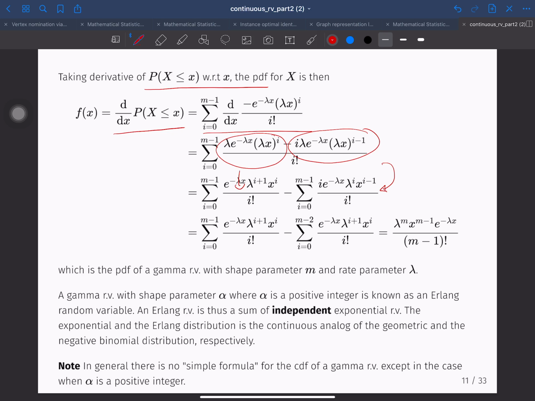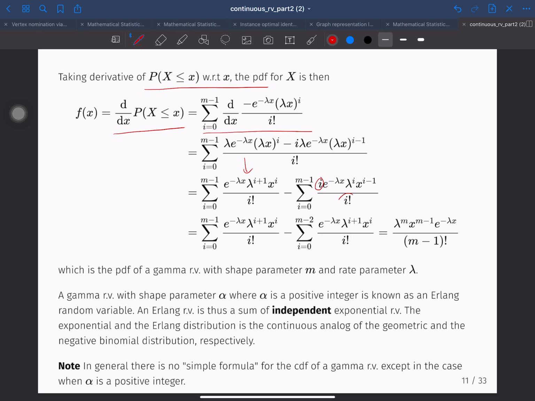So now let us do some simplification. So let us look at these two terms here. The first term is what we have here. Now if you look at the second term, it looks almost the same, because you have the i here.